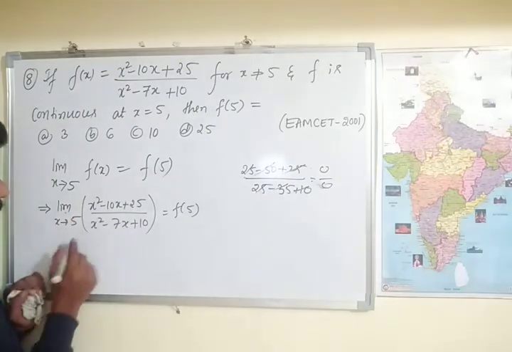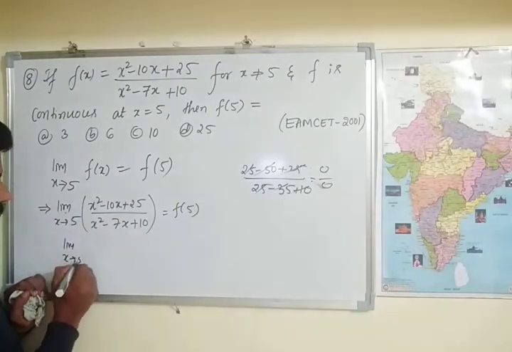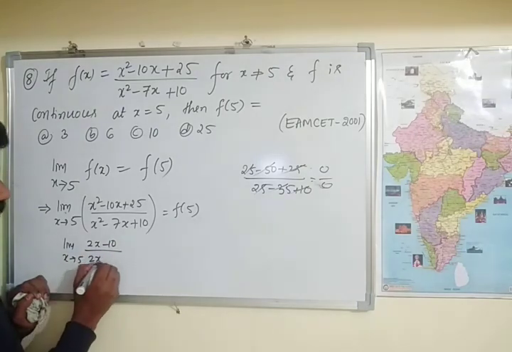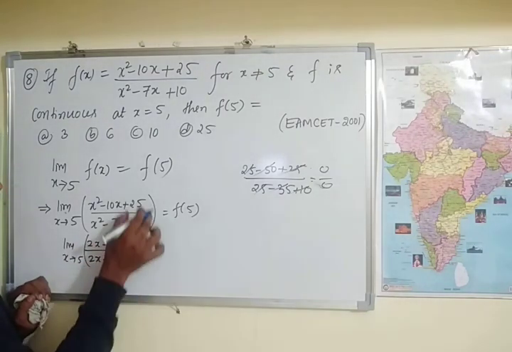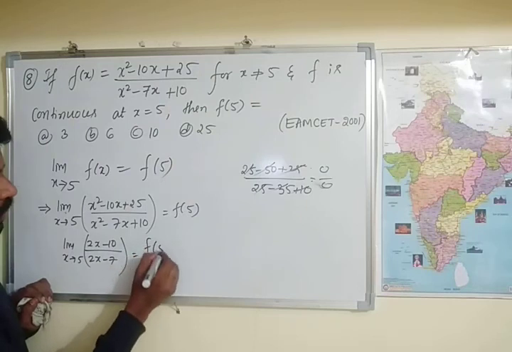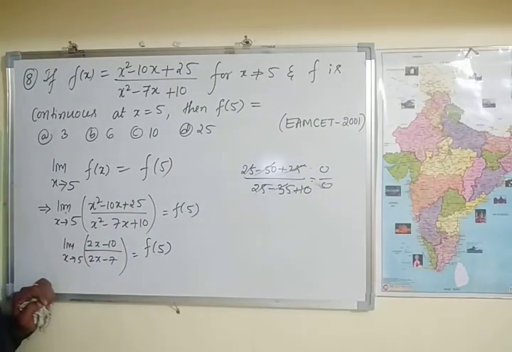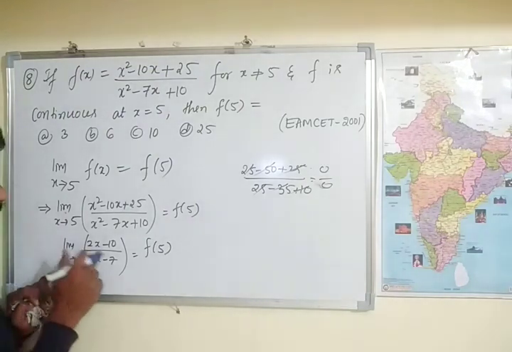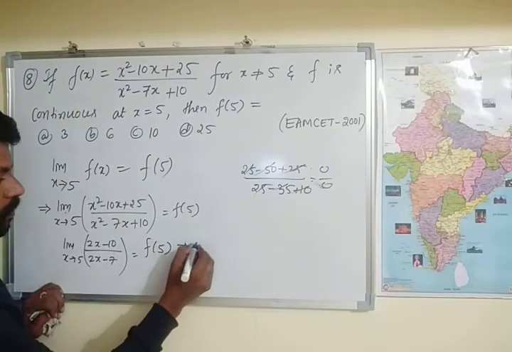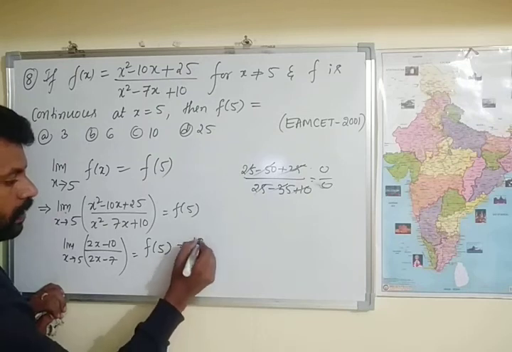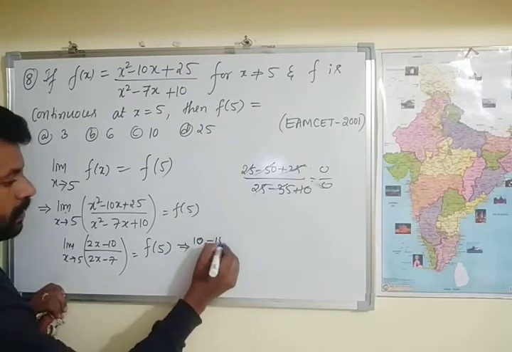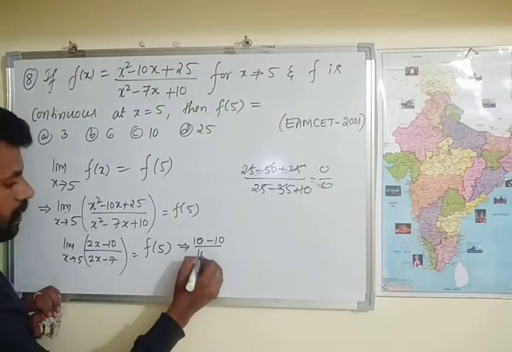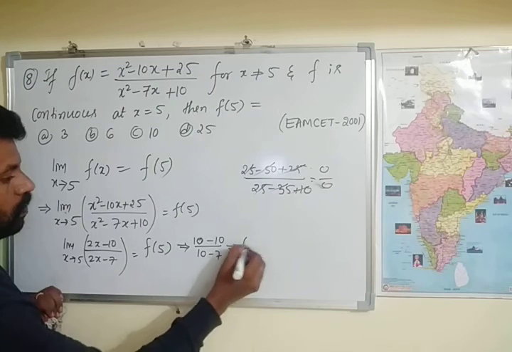Derivative of numerator: limit x tends to 5, 2x minus 10 divided by 2x minus 7. Derivative of constant term is 0, equal to f of 5. Now x approaches 5 means substitute 5 in the place of x. We get 2 into 5, that is 10, minus 10, divided by 2 into 5 is 10 minus 7, is equal to f of 5.